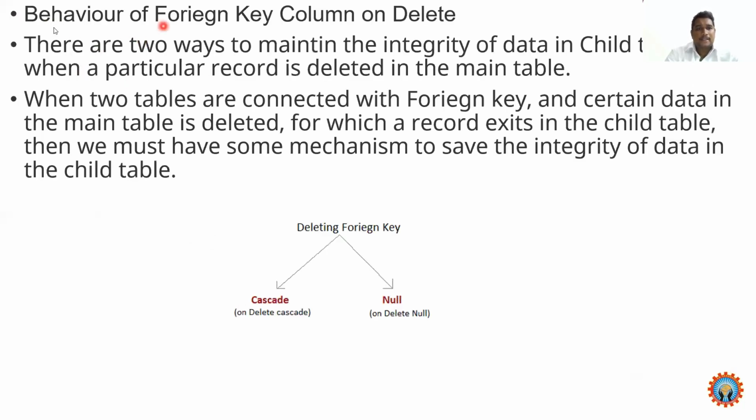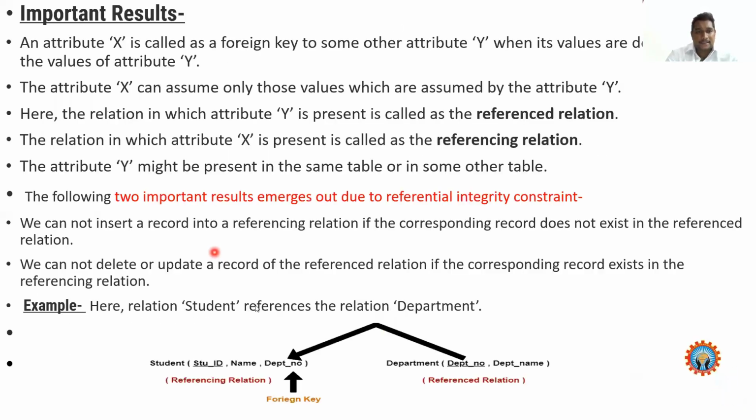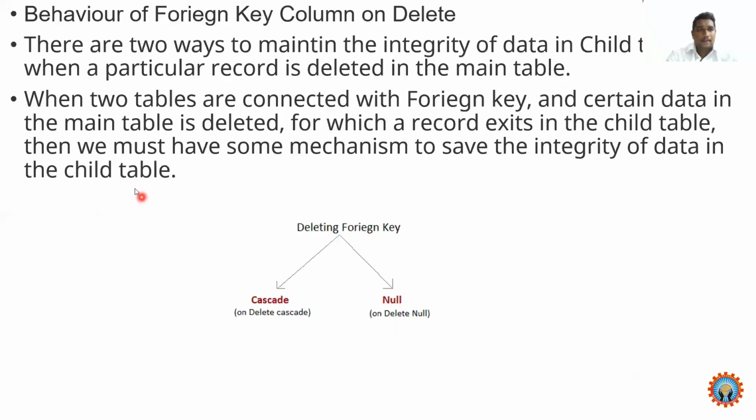Next, what is the behavior of the foreign key? Already we discussed the foreign key, but what happens if you want to delete particular data? There are two ways to maintain the integrity of data in the child table when a particular record is deleted in the main table.